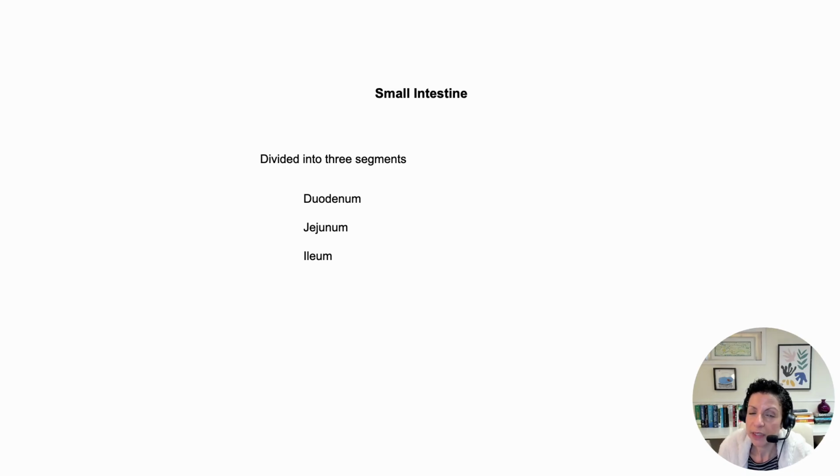By the time we leave the small intestine, every kind of food that is digestible has been digested and absorbed. So everything that moves on into the large intestine should be undigestible fiber or material and waste.